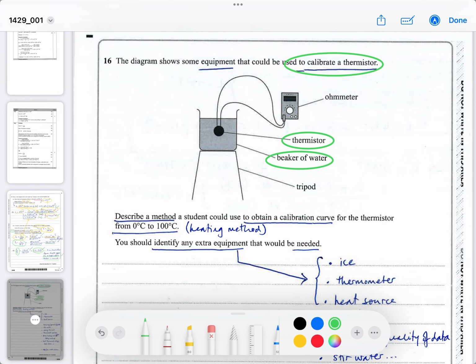So they want you to describe a method, not that my year 10 students could do, but a student could use to obtain a calibration curve for the thermistor from 0 degrees to 100 degrees. So if it's going from 0 degrees to 100 degrees, it makes sense to use a heating method.